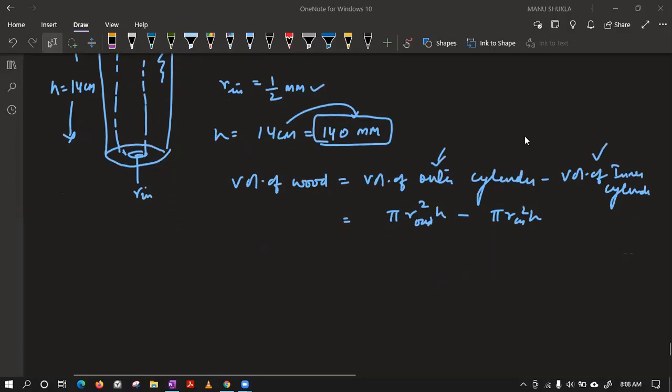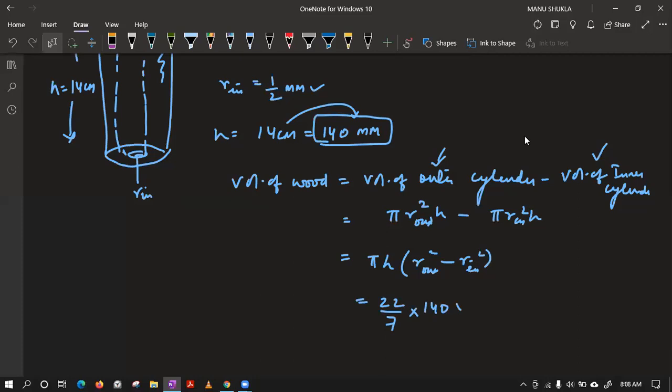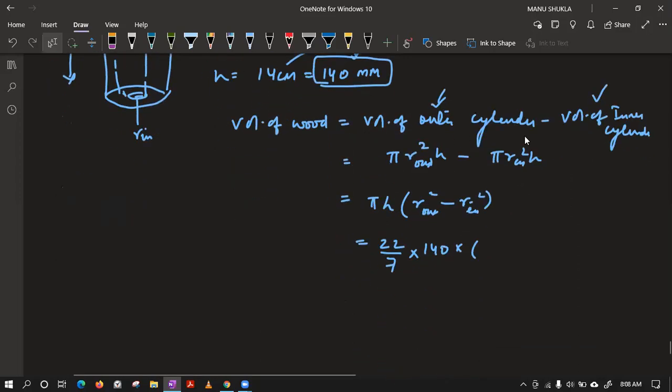Before putting, I have told you, first write the formulas and take common whatever you can take. So pi h (R out square minus R in square). Now put the values. Pi is 22 by 7, height is 140 into R square, in your case 7 by 2 minus 1 by 2.